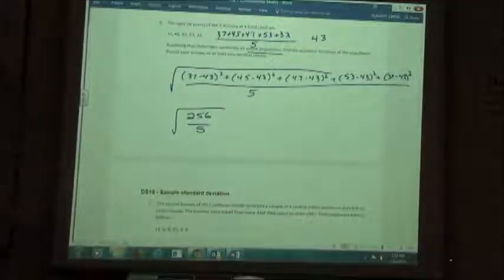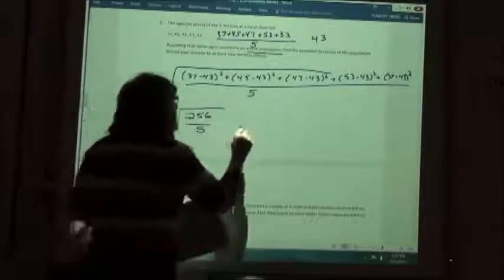We're going to do the square root of 256 over 5 and round it off to 2 decimal places. 7.16.